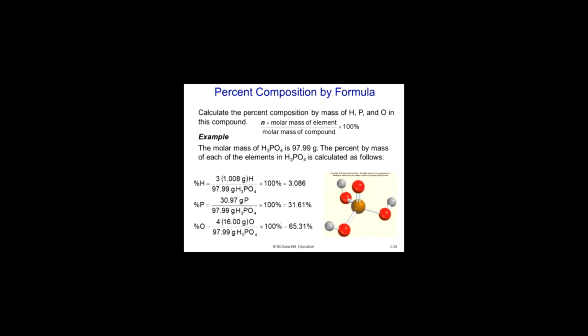So there you have it, 2 examples of percent composition based upon the formula. Therefore, we use the molar mass of the elements and the molar mass of the compound.